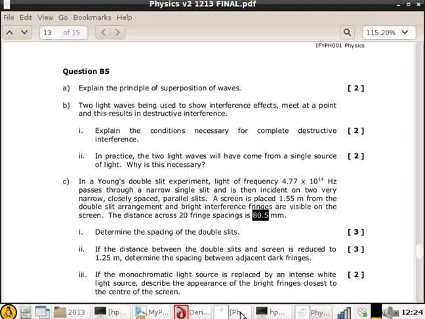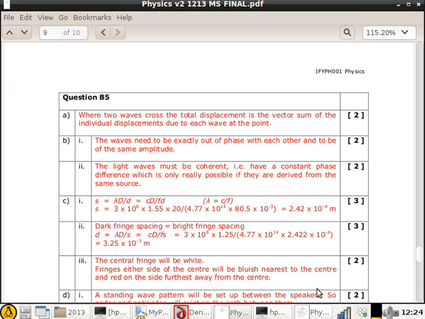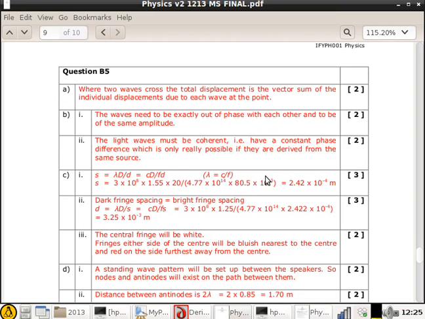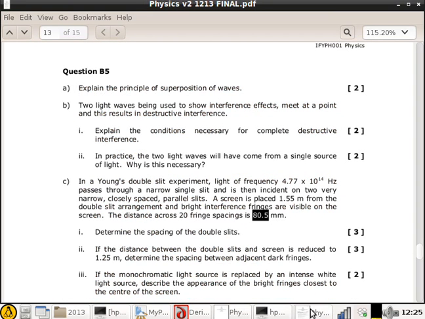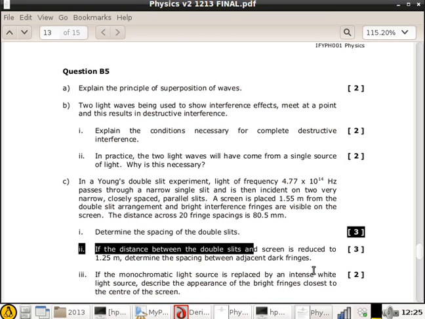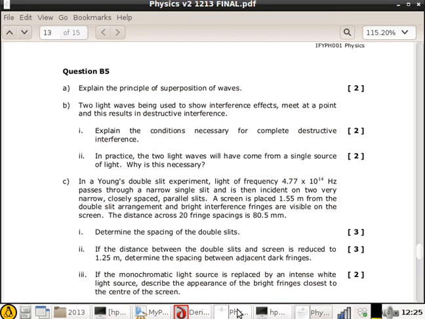If I look at the marking scheme, you don't want to see the answer? Okay, you want to try it yourself for a minute? Just work ahead of me. What we're looking for here is the S. So use the second formula.